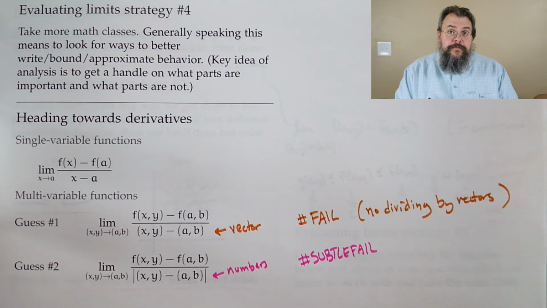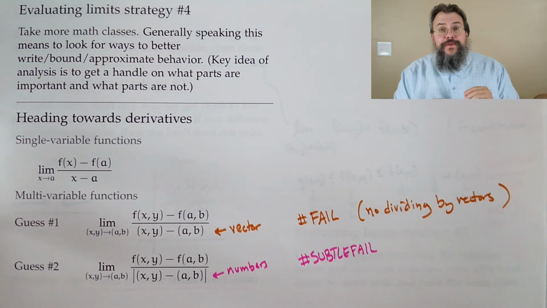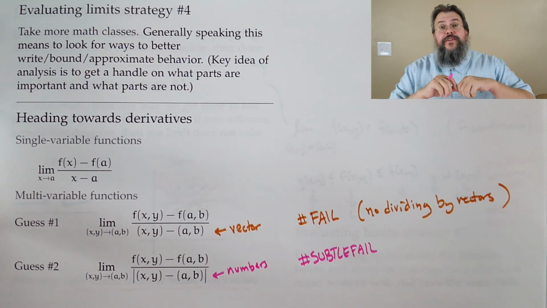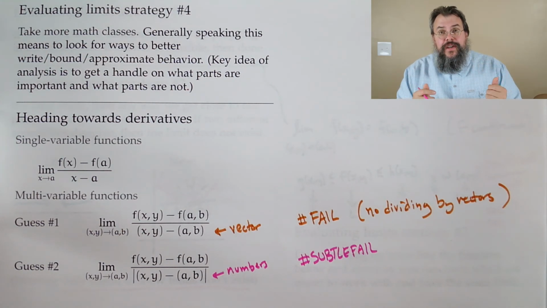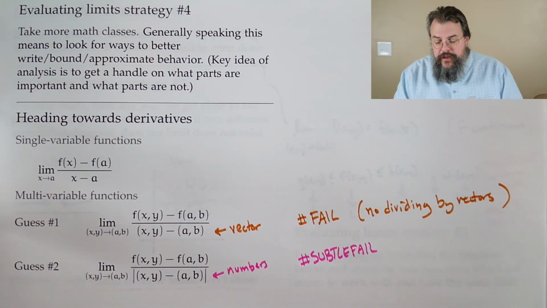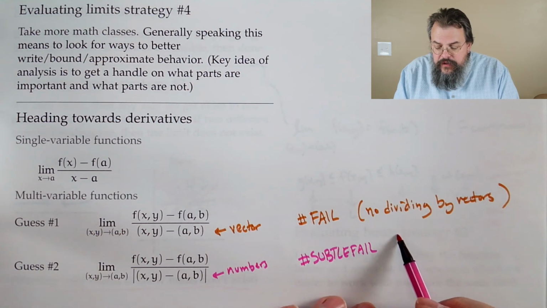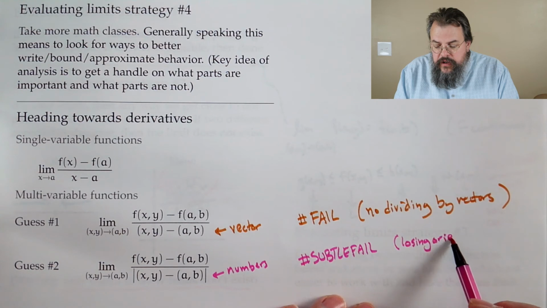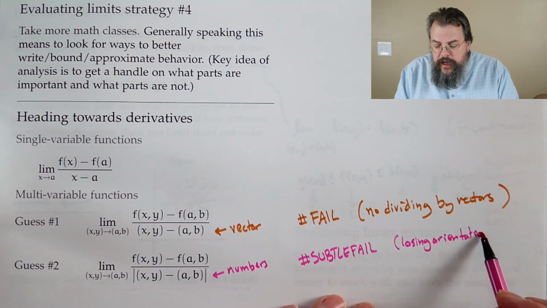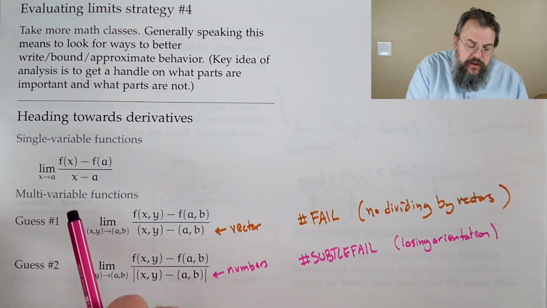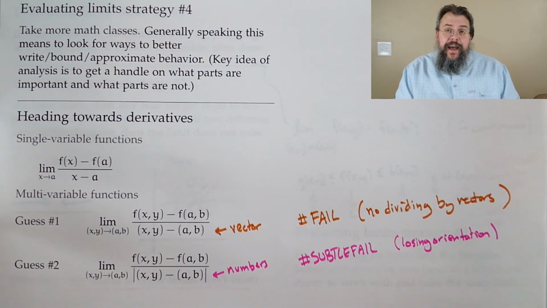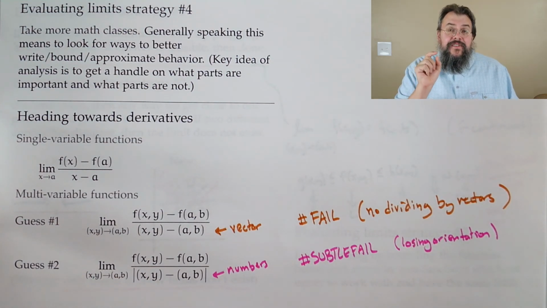And the answer is it comes down to one important principle, and that is you're losing information. And the important thing that you're losing is orientation or direction. So when you think about what happens when we talk about single variable functions, the x minus a actually had a sign attached.